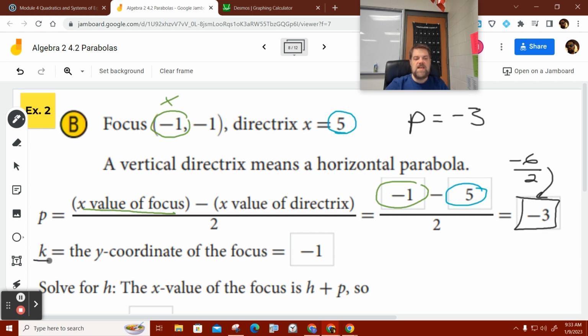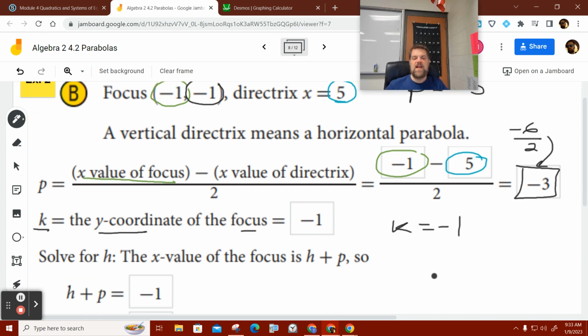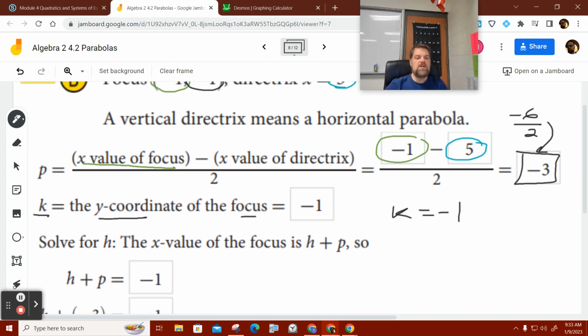Now the k value is the y-coordinate of the focus. So the y-coordinate of the focus is -1. So k equals -1. So I have k and p, and I need h. Remember also, to solve for h, the x value of the focus is h plus p. In other words, if I take the x value of the focus, it's equal to h plus p.